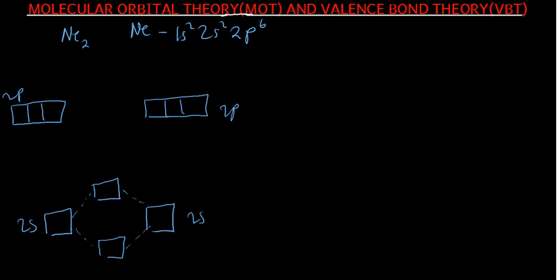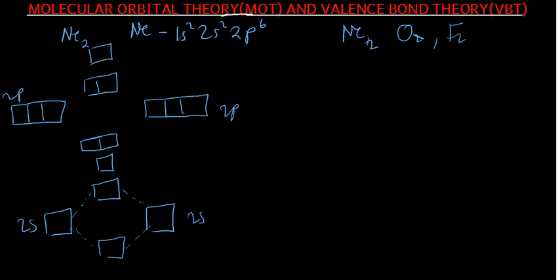Now for the neon molecule, oxygen molecule, and also fluorine molecule, they've got the same molecular orbital. So the one I'm drawing is a general one for all of them. This is what is there in all those 3 that I've shown.